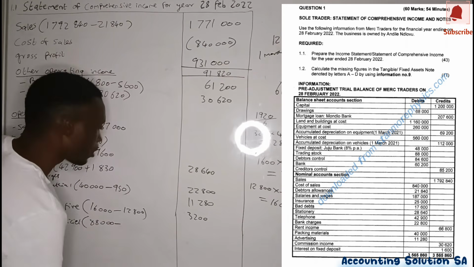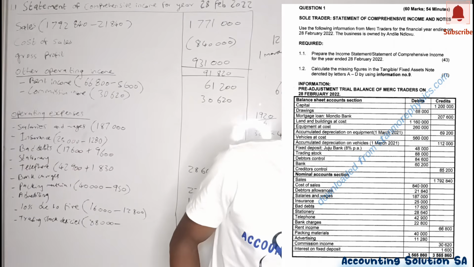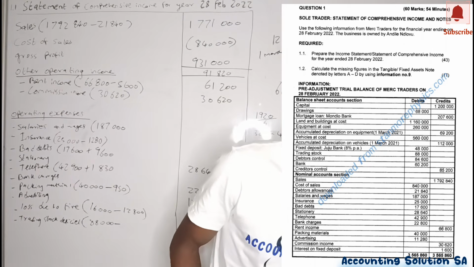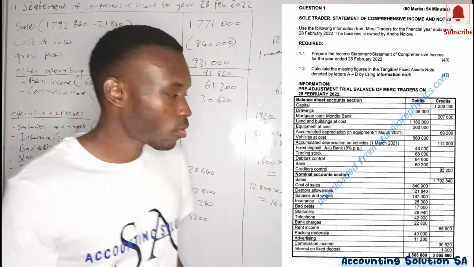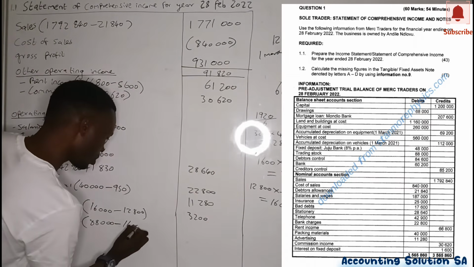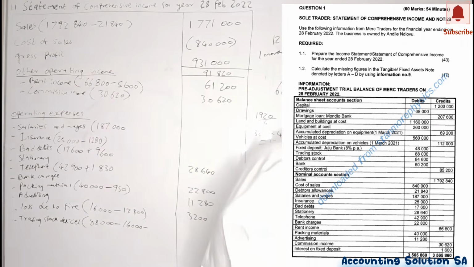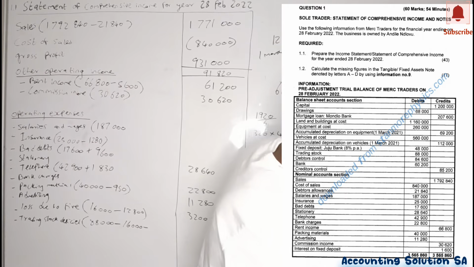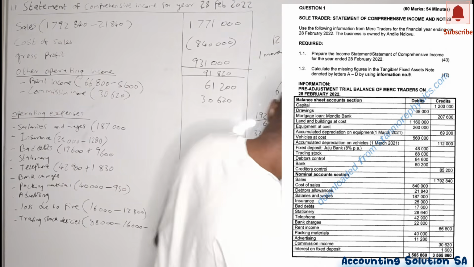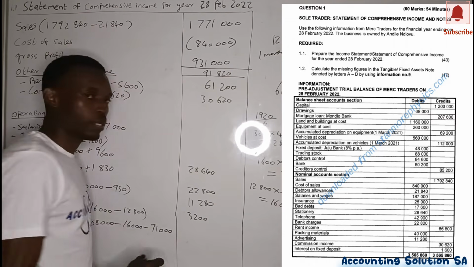88,000. Then now we have to subtract the amount of 16,000, the value of inventory that we lose, and we subtract the balance at the end. If you can check the last transaction, guys, number 8, they said we have 71,000 of inventory on hand.